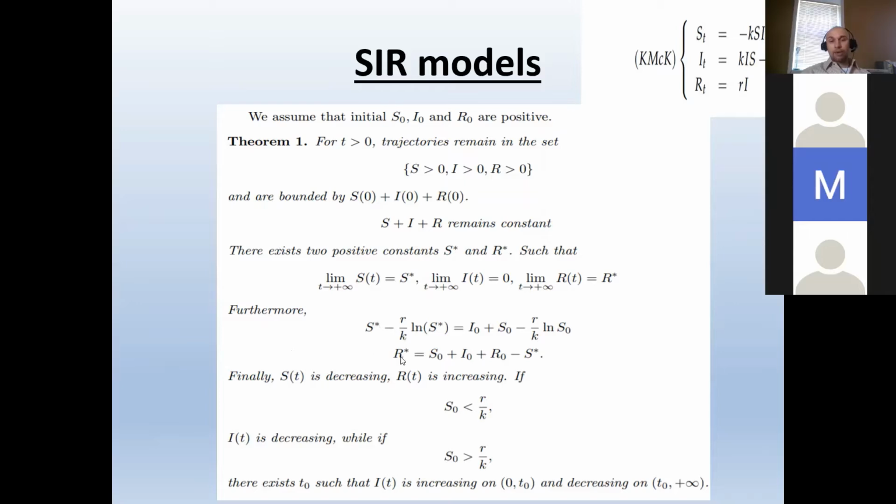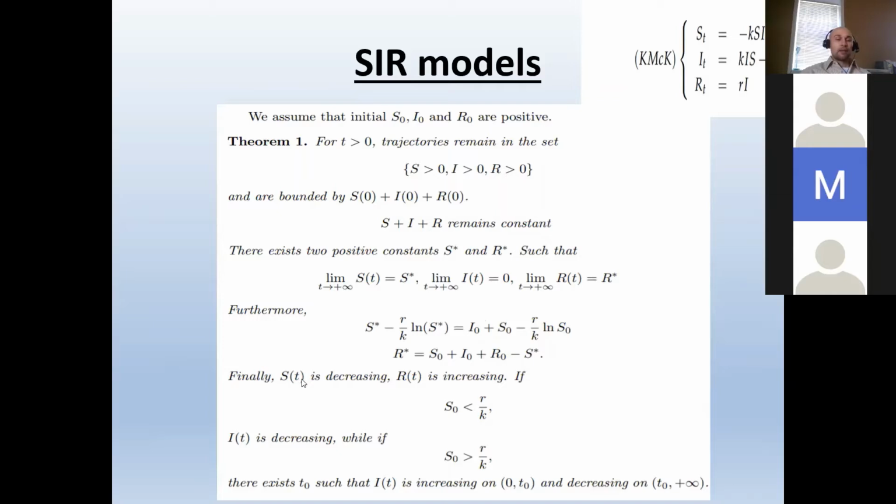S star minus R over K log of S star equals, this is the asymptotic state of the model, and this only depends on my initial conditions: I0 plus S0 minus R over K log of S0. And R star is equal to that. So you have to prove that.